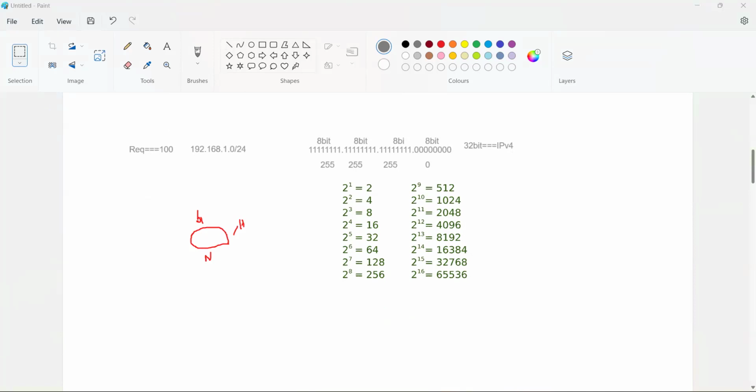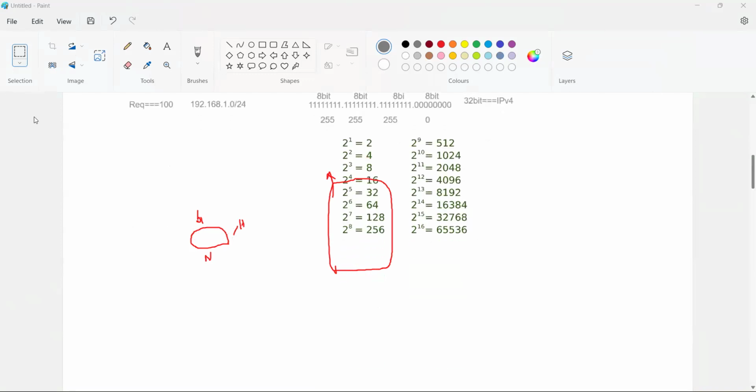You will get the value 255. 2 plus 4, 6. Likewise. Just place it. Okay. Understood? Everyone? Yes, sir. Okay, fine.